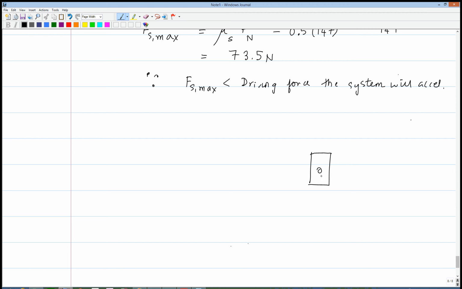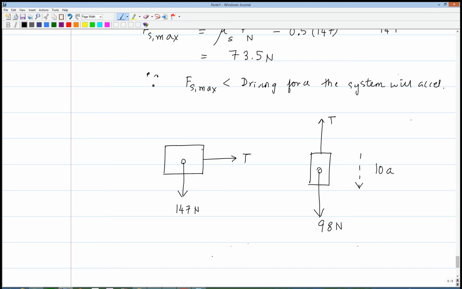For the 10 kg block, I have 98 newtons pushing it down, I have T pushing it up, and the result is 10 times A. For the 15 kg block, we have T pushing it to the right, we have 147 pushing it down, we have Fn pushing it up, and we have mu k Fn opposing the motion.